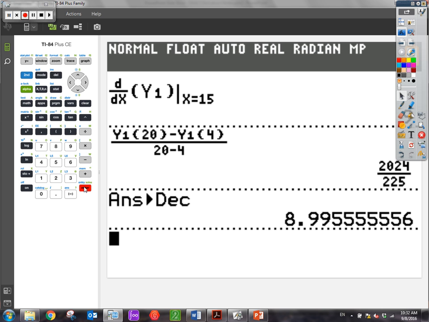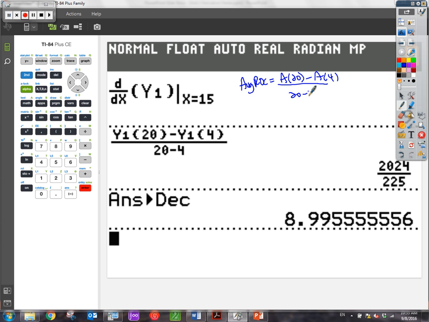So now let's talk about what you should write on your paper. I'm just going to write it on the screen. The function name was A, so we would say average rate of change equals A of 20 minus A of 4 over 20 minus 4, which equals 8.9955.